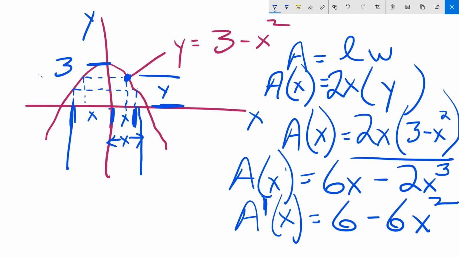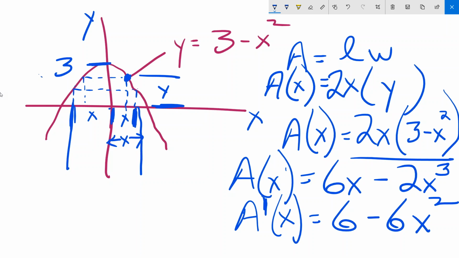The maximum occurs when the slope is what, of the tangent line to that function? When it is 0. Yeah, exactly. So the next step is always to set the first derivative at 0.